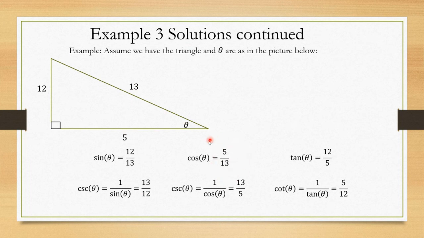For secant, remember that's 1 over cosine, so you flip it and get 13 over 5. And tangent is opposite over adjacent, 12 over 5. Cotangent, you flip that, so it's 5 over 12. That's all we got.